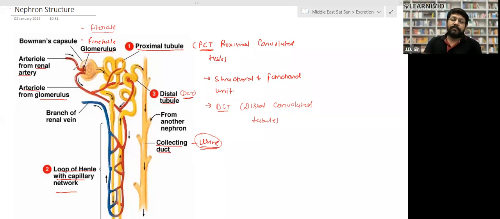Now what happens with every filter? There is a pipeline called the arteriole. This arteriole is a small part of an artery. It comes from the renal artery, right? From the renal artery, impure blood comes.